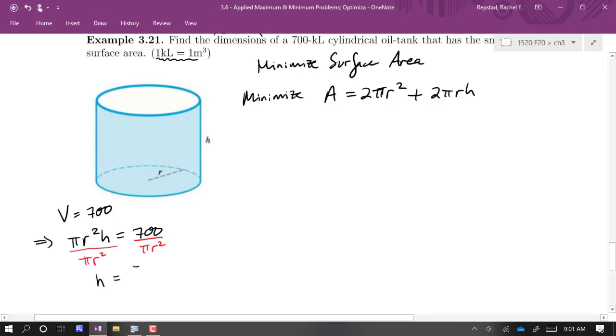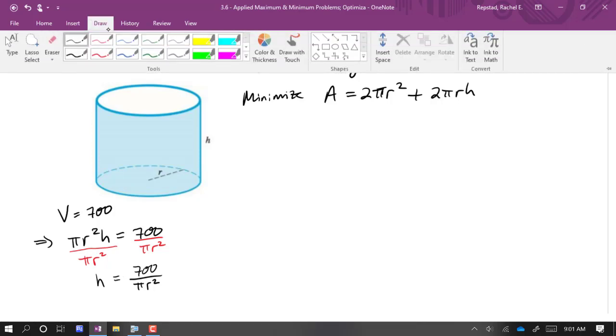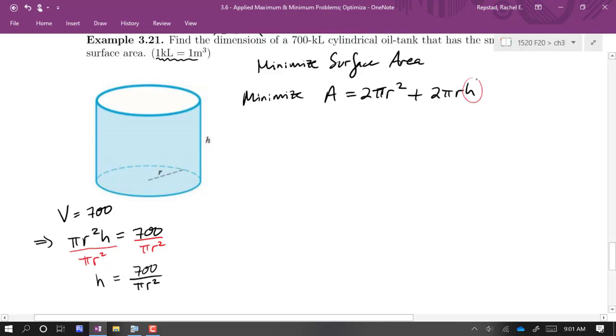So h is 700 over pi r squared. I'm going to take that expression and substitute it in for h in the surface area equation.